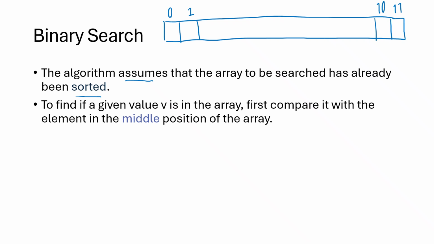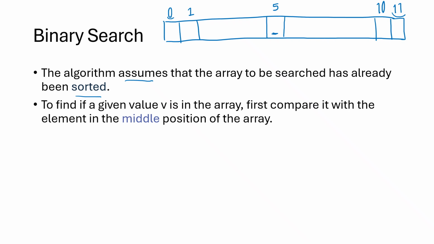Now, what binary search does is that instead of starting from the beginning of the array, it starts from the middle. Okay? So to find the middle index, we take the average of the first and the last indices. So 0 plus 11 divided by 2, that's 5.5. We round it down to 5. So we go to index 5 and we begin from the middle value.